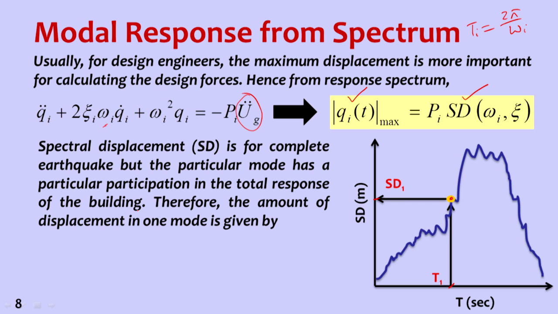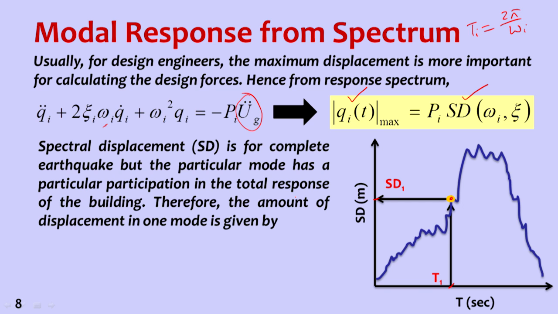This we discussed in detail in the previous lecture on time history analysis. Each mode shape contributes to some extent to the total response, and that depends on the participation factor.